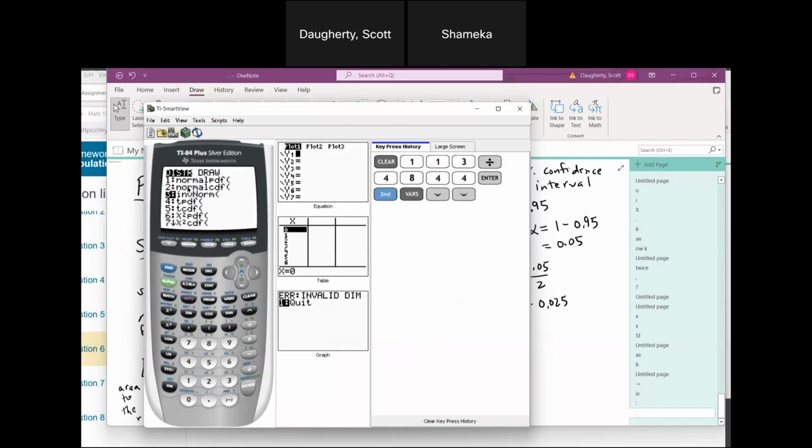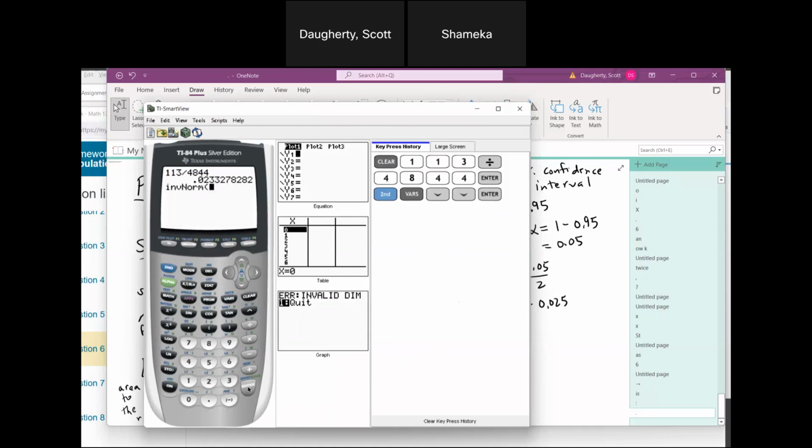You got normal PDF, normal CDF, and then inverse norm. Normal CDF allows you to find the area between two z-scores. Inverse norm is given an area, you want to find the associated z-score. And that's the situation we're in. That's why you're inverting it. You're going kind of backwards. So we're given the area and we want to find the corresponding z-score. That's when we use inverse norm.